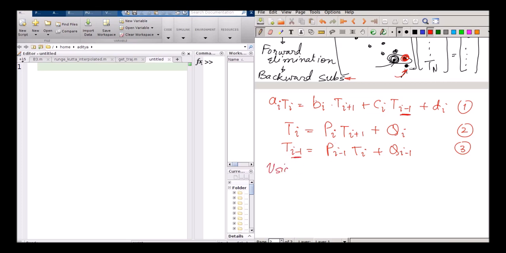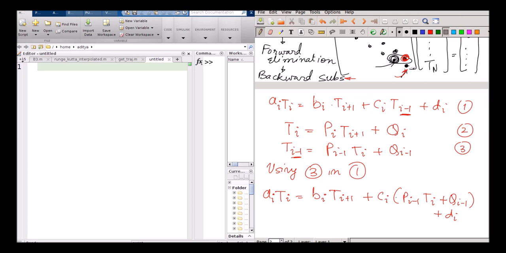So using 3 in 1, we obtain Ai Ti is equal to Bi Ti plus 1 plus Ci times Pi minus 1 Ti plus Qi minus 1, plus Di.